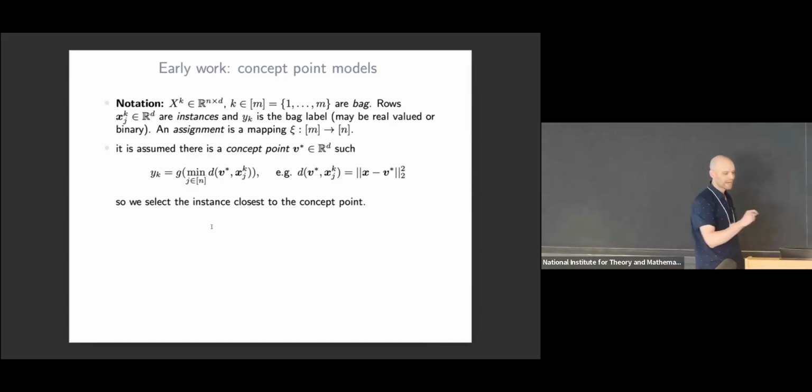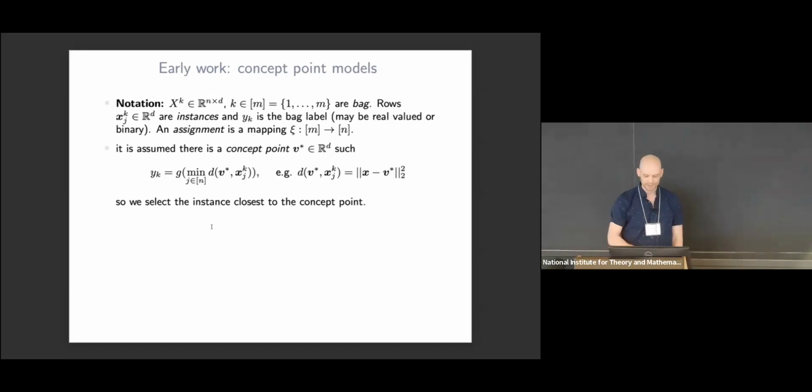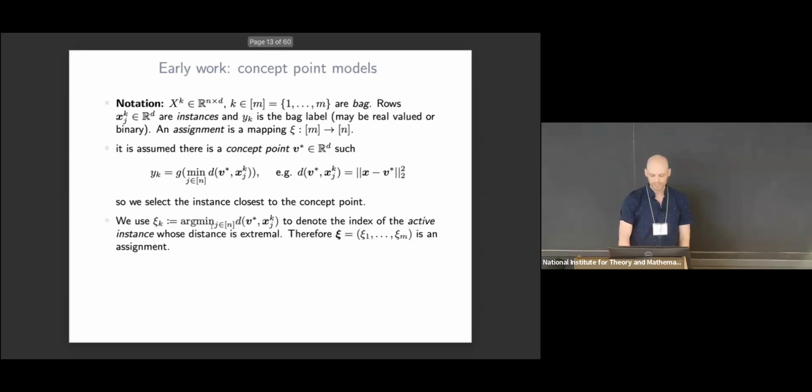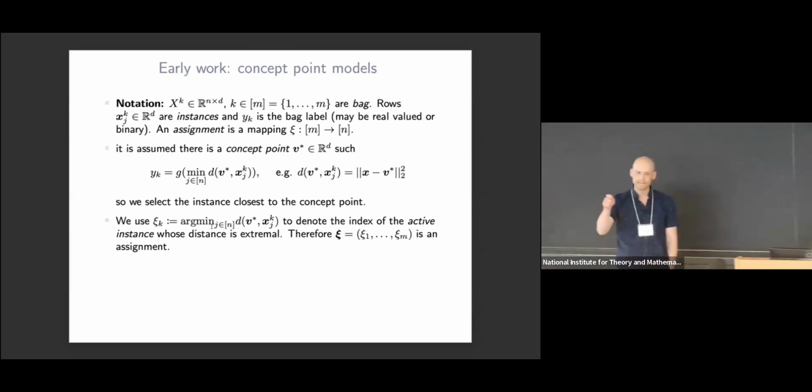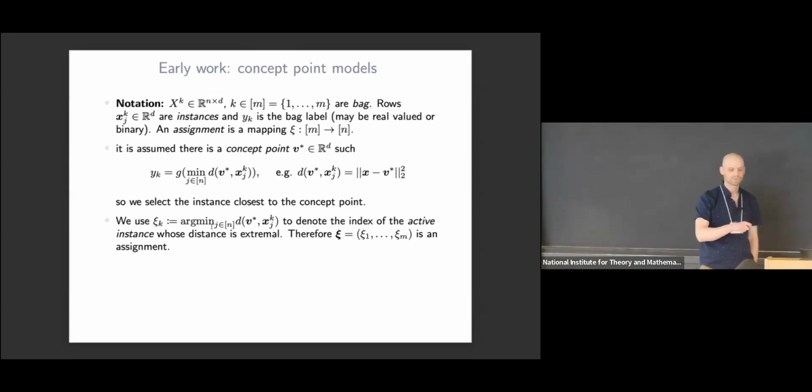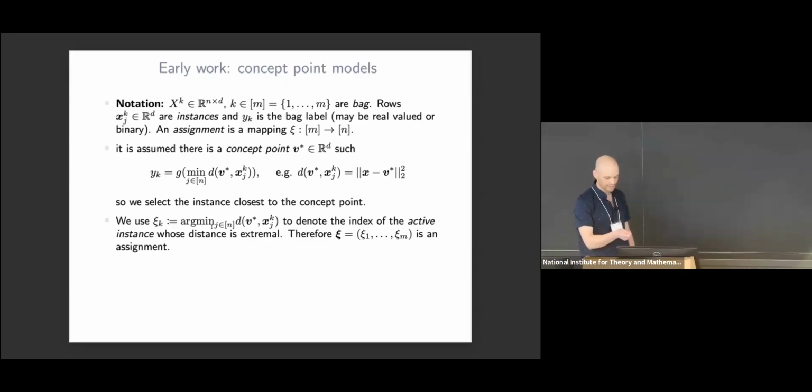I won't get into it, but there's a physical motivation for the G function you would pick here. So we select the instance closest to the concept point and use it to construct the label. This also induces an assignment, because the index of the instance closest to the concept point gives you the assignment of bags to instances.